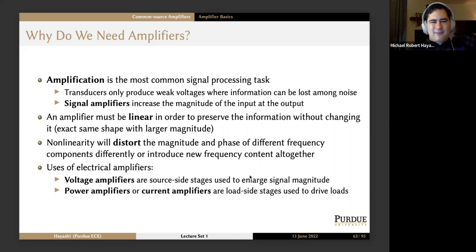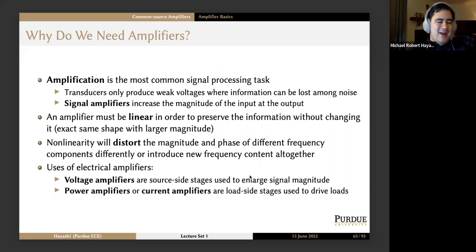They only produce weak voltages where information can easily be lost among the noise. So if you have a signal amplifier, you can increase the magnitude of the input at the output. We want an amplifier to be linear in order to preserve the information without changing it. The output needs to be the exact same shape, just with a larger magnitude compared to the input.